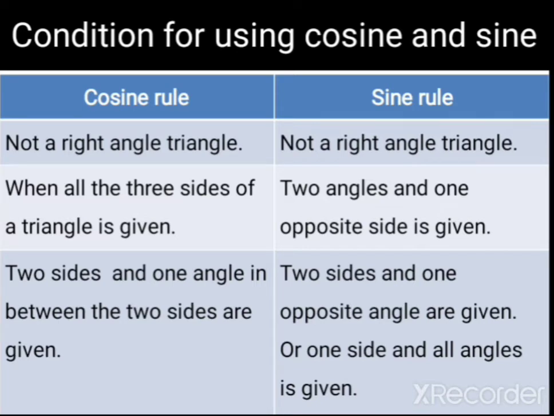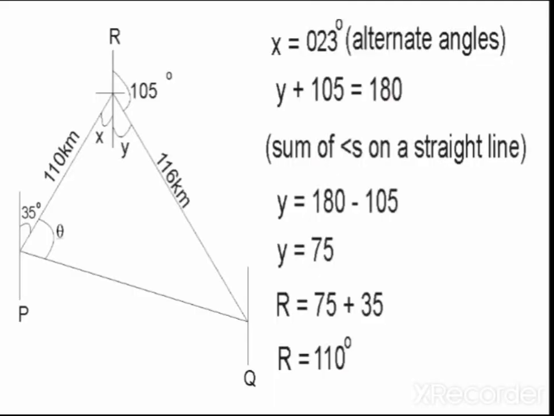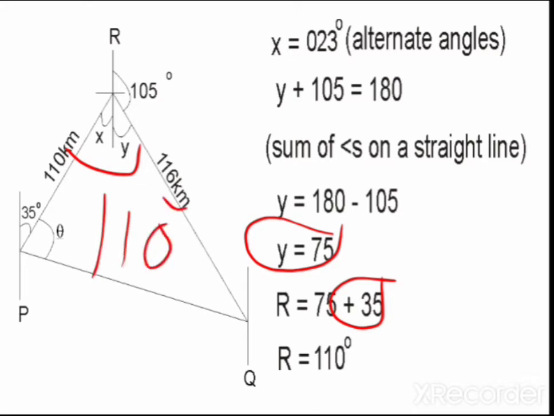But if it cannot be solved using cosine rule, then use your sine rule to solve it. So here we have our angle as y. I have explained that y is equal to 75 and s is equal to 35. So when we add s and y together, it gives us this angle as 110 degrees, which is what we have here.